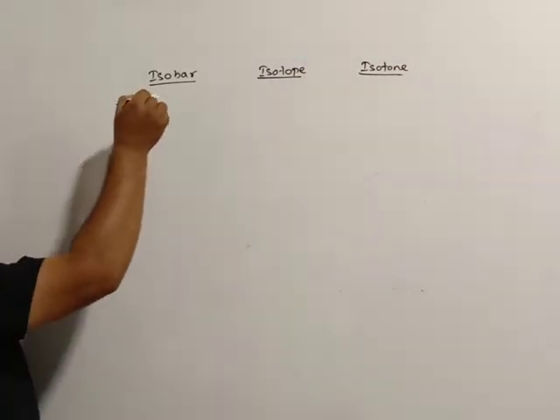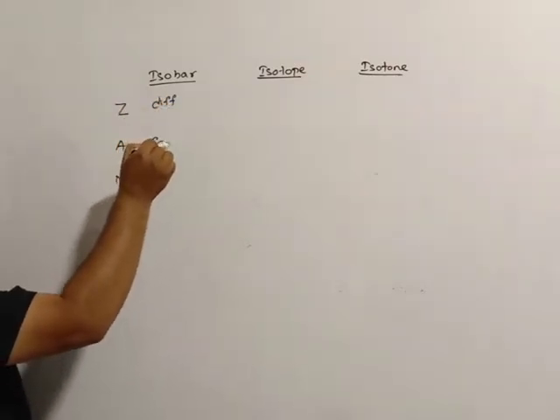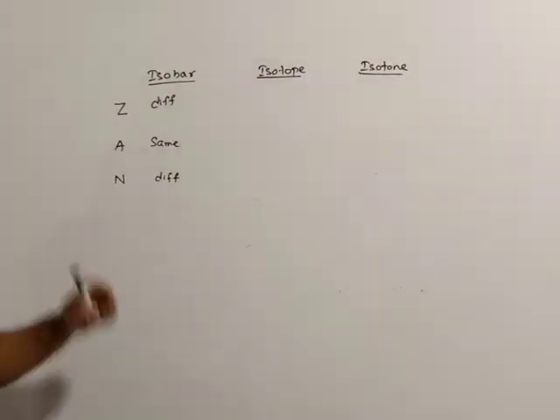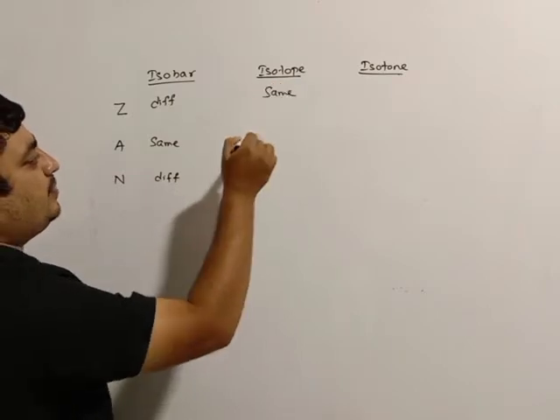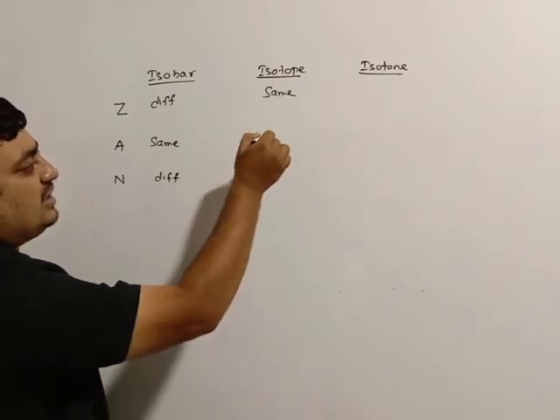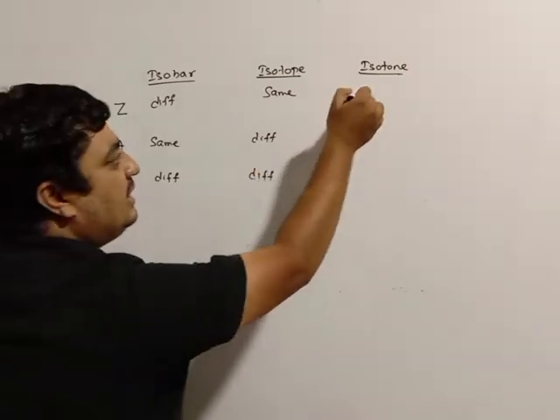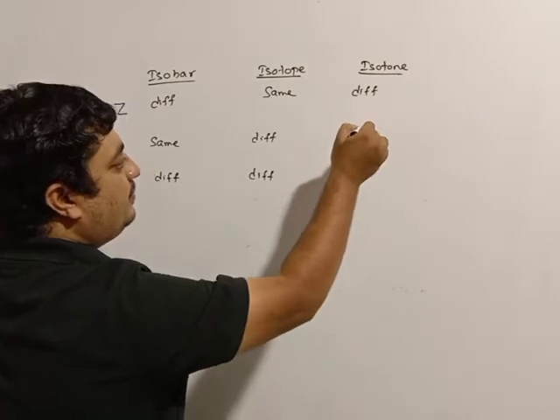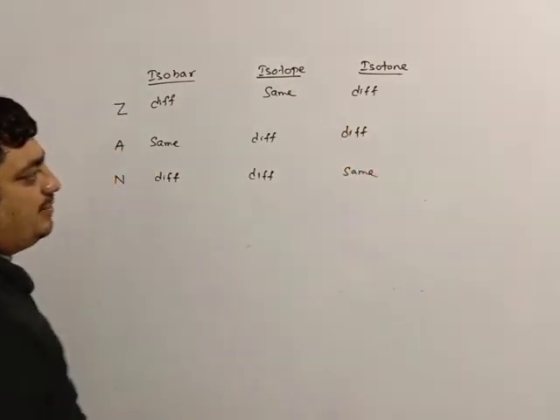In isobars, Z is different but A is the same, so N is different. In isotopes, Z is the same but A is different, so N is also different. In isotones, Z is different, A is different and N is the same.